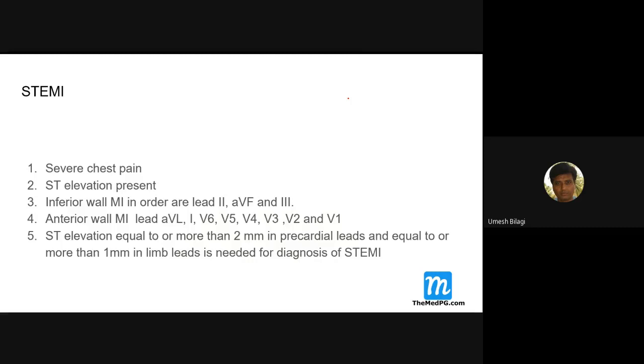Now we'll go to STEMI proper. STEMI is a more severe form of heart attack, with severe chest pain, and ST elevation will be there. STEMI can be grossly divided into inferior wall and anterior wall STEMI. Remember leads 2, 3 and AVF.